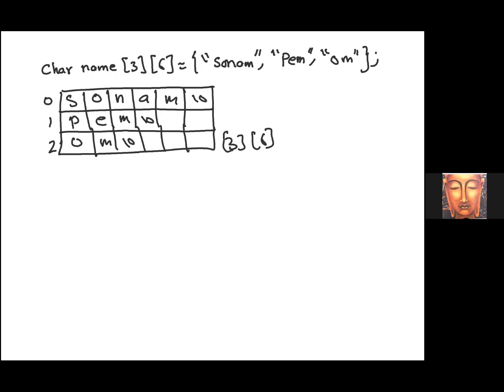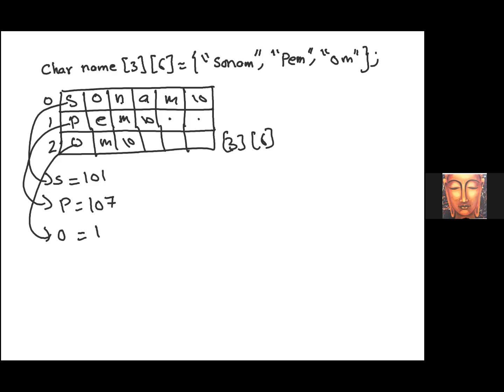Now if we see the memory allocation, this S is allocated at 101. So 101, 102, 103, 4, 5, 6, right? So P would be located at 107, 8, 9, 10, 11, 12. Then O would be located at 113.